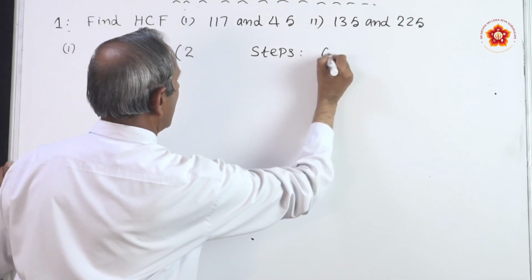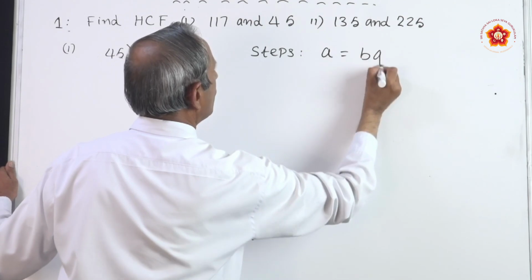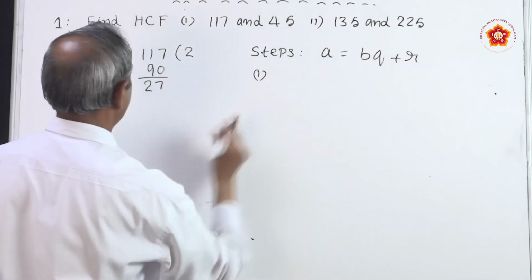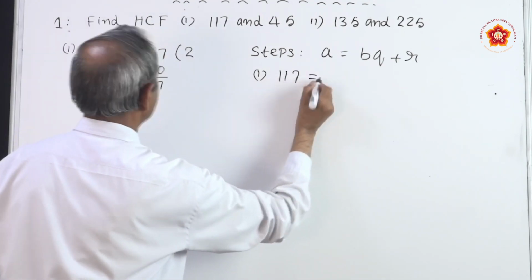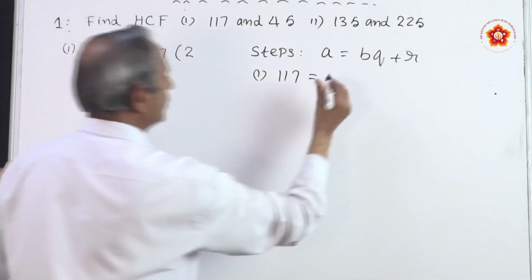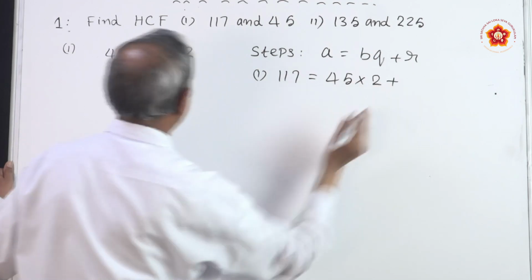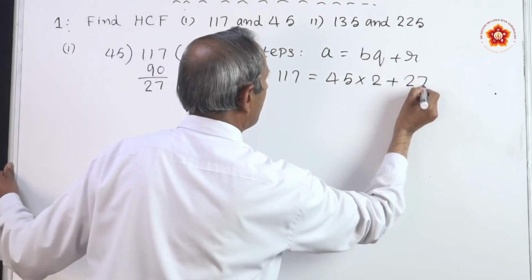We have to write according to the Euclid lemma, a is equal to bq plus r. Here, in the first step, a is 117. 117 can be written as 45 into 2 plus r, the remainder. The remainder is 27 in this problem.